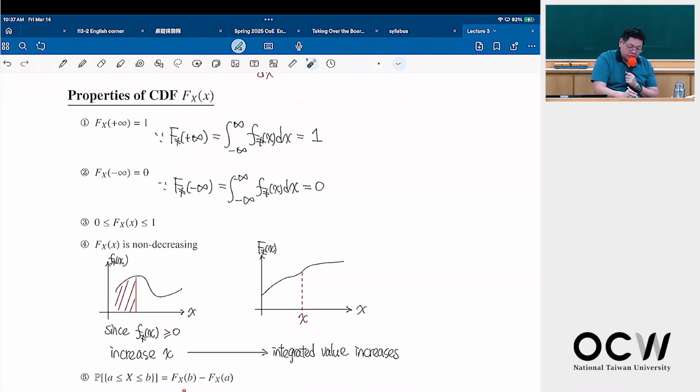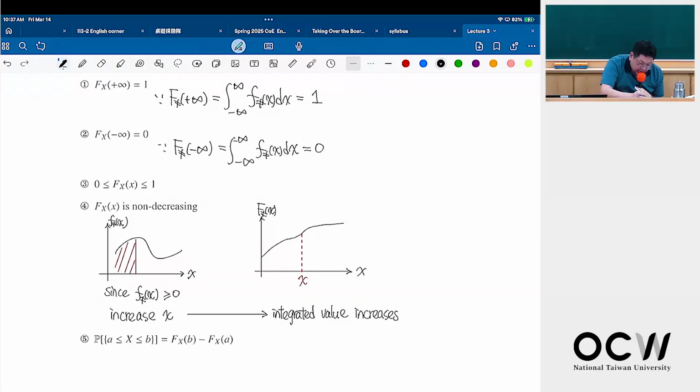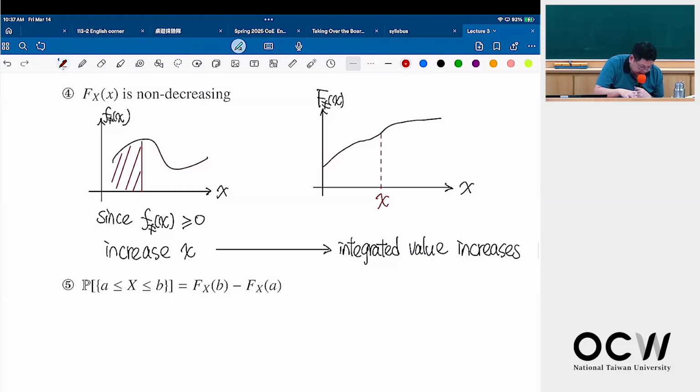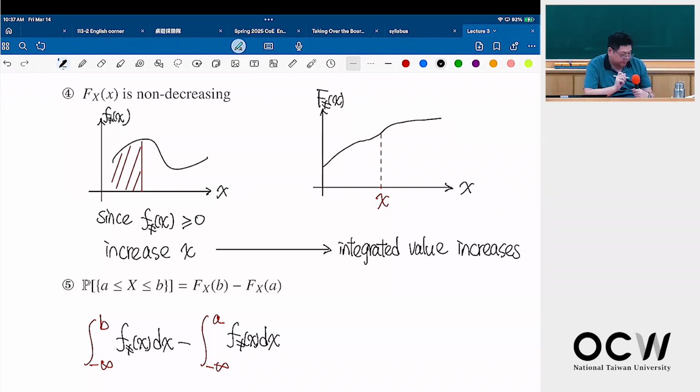So it will be the CDF of B minus the CDF of A. You can also think about the integration from minus infinity to B of your PDF dx, and then minus the integration up to A; this subtraction will be equal to the integration from A to B of the PDF.